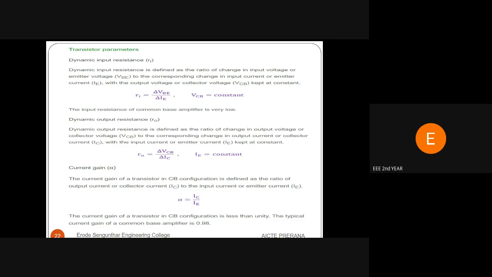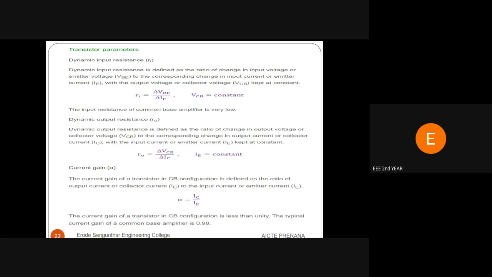So, input resistance Ri equal to delta VBE divided by delta IE at constant VCB. The input resistance of common base configuration is very low because it is a forward biased junction.